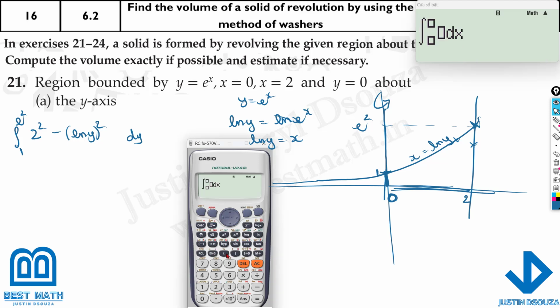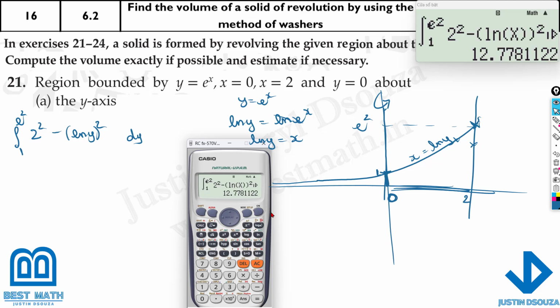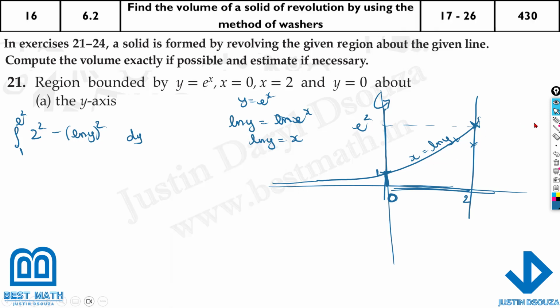Here let us use the integral: 2 squared minus, open the bracket, natural logarithm of x, close the bracket, and then square it. The limits are 1 to e to the power 2, and the answer is 12.778. Okay, I forgot to write pi. It'll be pi times 12.778, and that will be multiplied by pi.